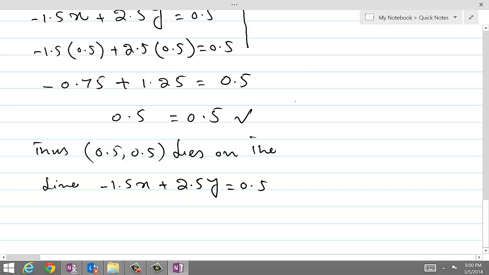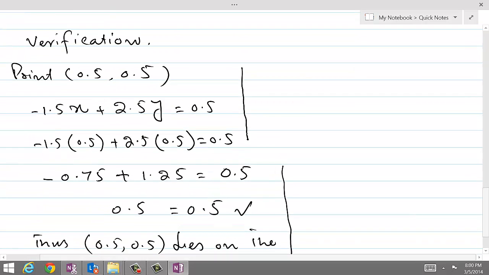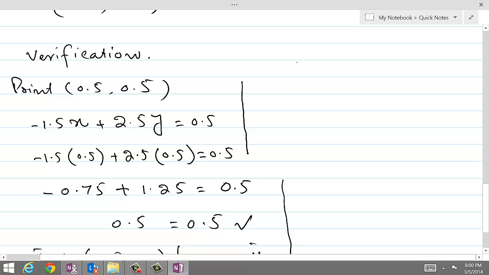Similarly, we will now establish the fact that the same point lies on the other line. And what is the other line? That is 2x plus y equal to 1.5. So let's verify the point (0.5, 0.5).